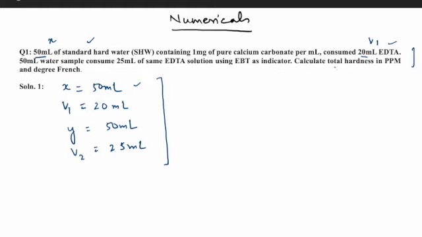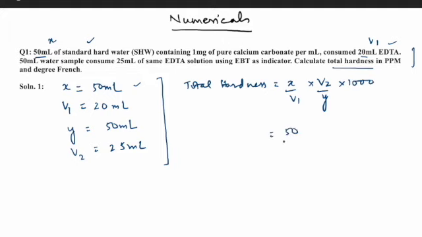Now let's see the formula for total hardness. It was X over V1 times V2 over Y into 1000. I have X from the problem which is 50, V1 was 20, V2 is 25, Y is 50, into 1000.